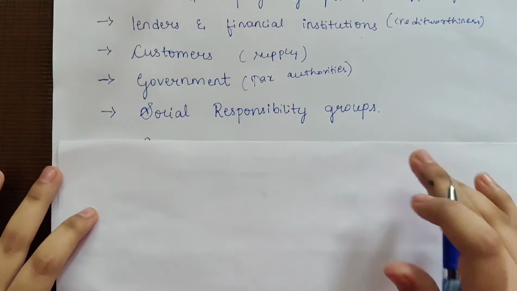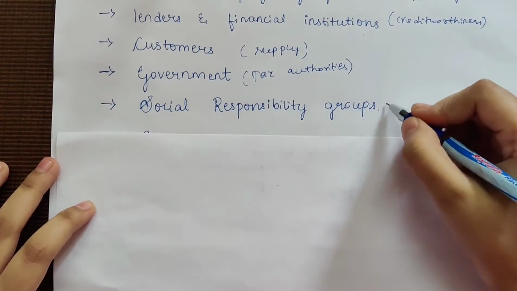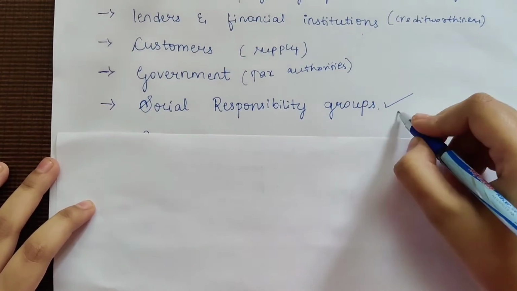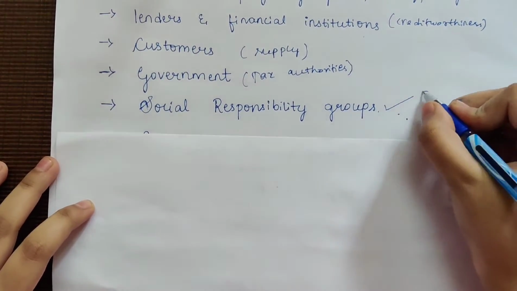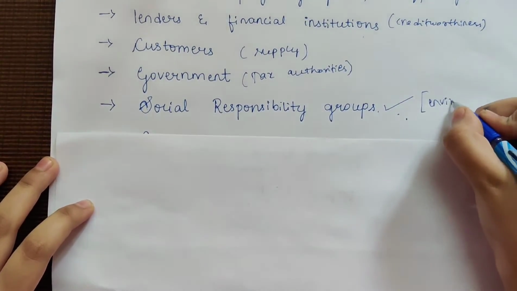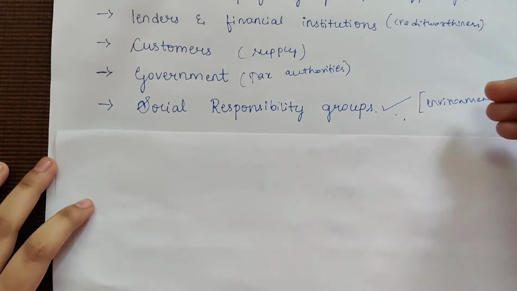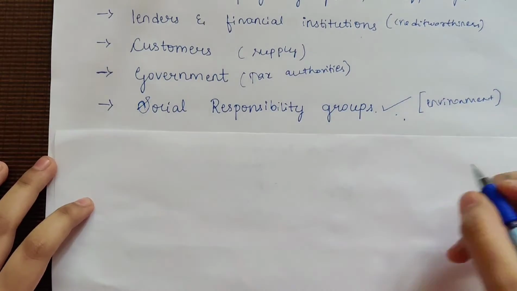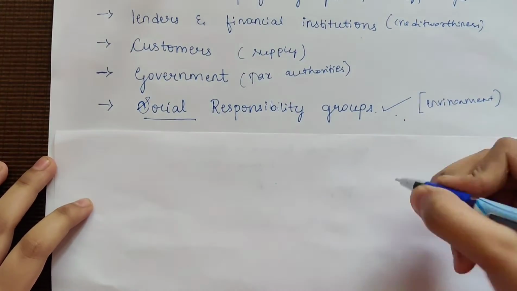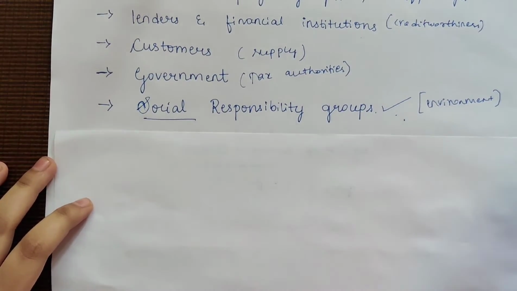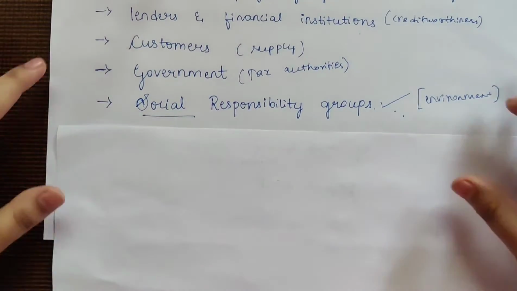The next is social responsibility groups. Why do they need information? They need information on whether the company is environment friendly or not. If any of the company's activities is affecting the social or societal environment, then it will be a danger for them.